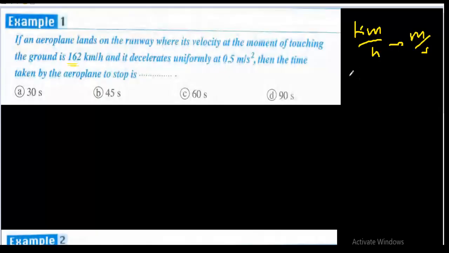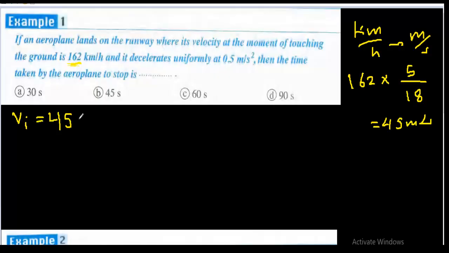And this is done by multiplying the speed or the velocity times 5 over 18, which equals 45 meter per second. So we have initial velocity equals 45 meter per second.